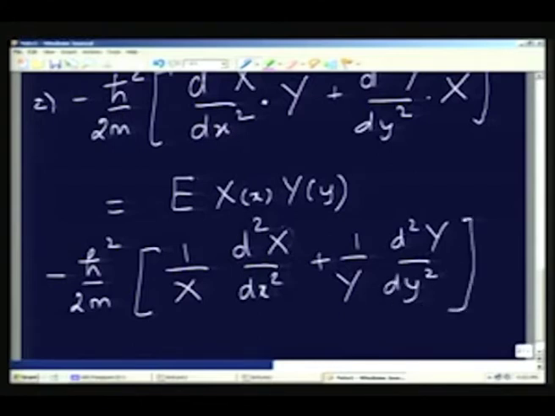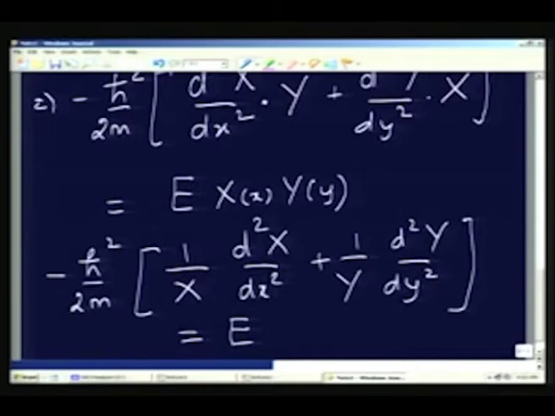See, this capital X is the function, this small x is the variable that this function is dependent on. Capital Y is a function of the variable y, and therefore this quantity is equal to E.